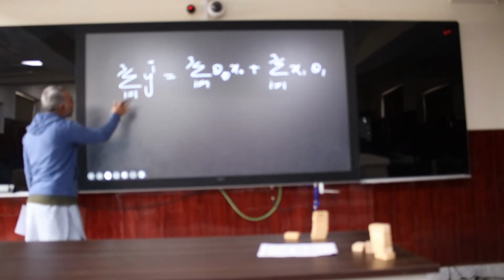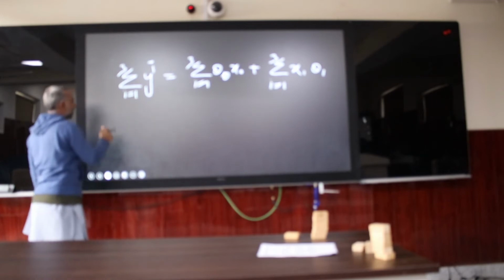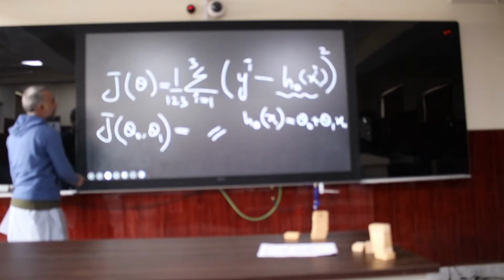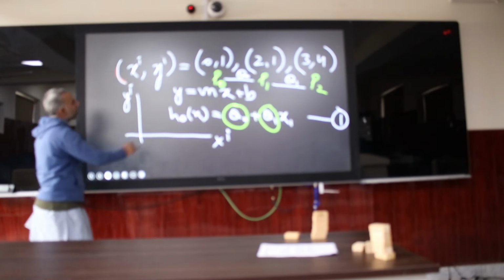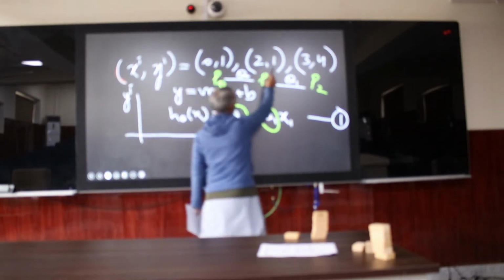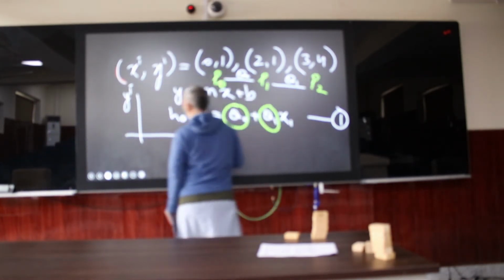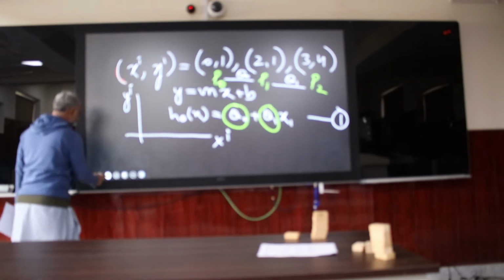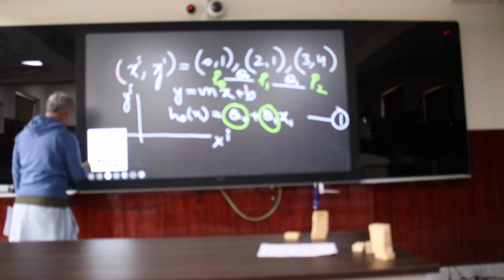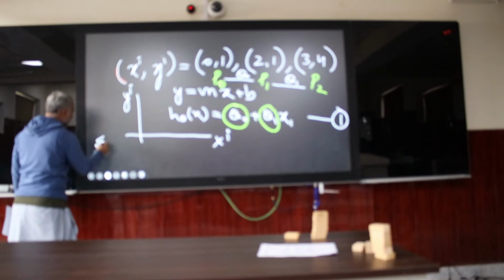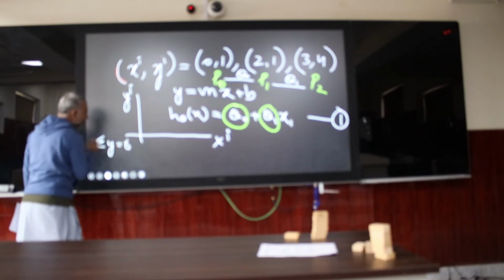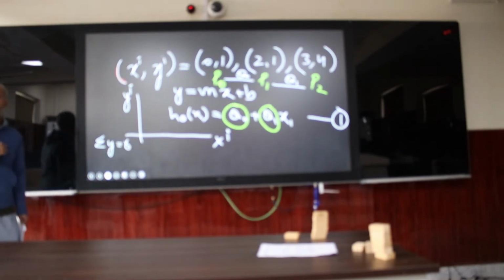Now we need to sum up the 3 points of y. 3 points of y, 1 plus 1 plus 4 is equivalent to 6. Or you can say, I am writing here, equivalent to 6. Is it okay?